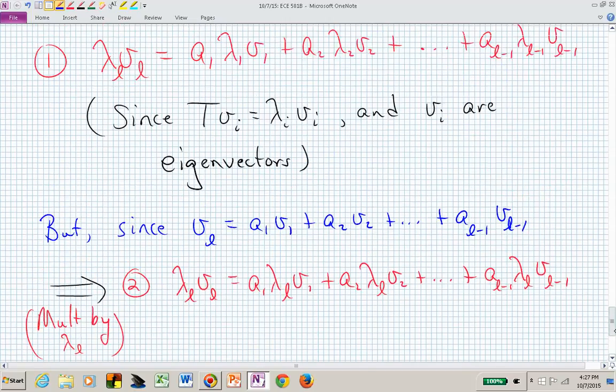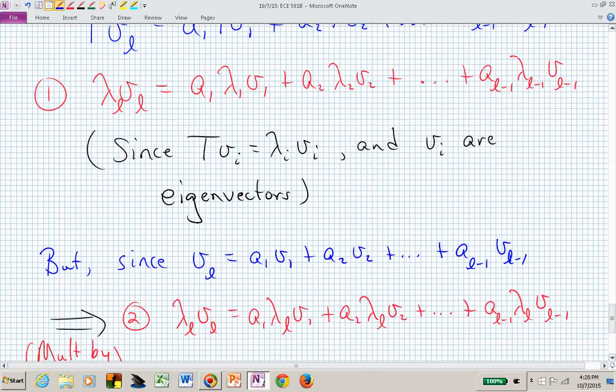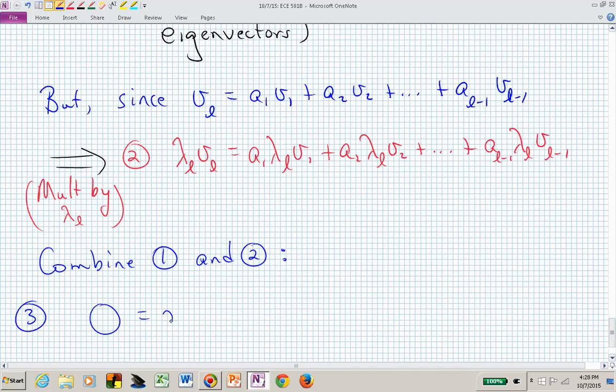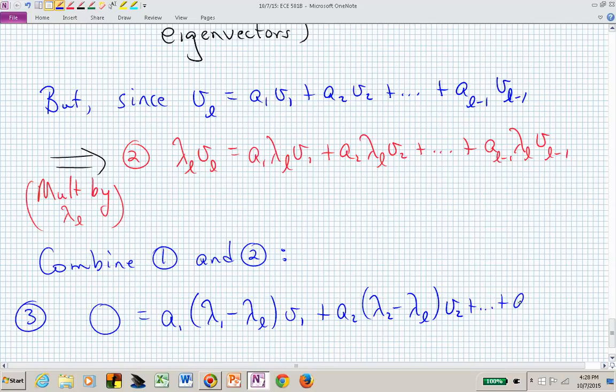I have a common a1 and a common v1 in the first term, but I have a difference in my lambdas. Or now I have an a1, I have a lambda 1 minus lambda L v1 plus an a sub 2 lambda sub 2 minus lambda sub L v sub 2 plus an a sub L minus 1 lambda L minus 1 minus lambda sub L v sub L minus 1.